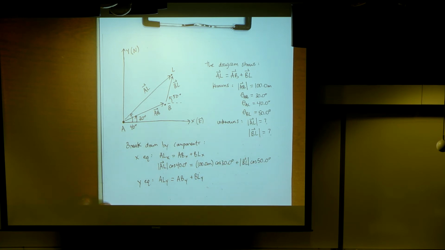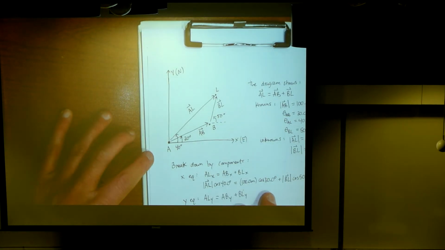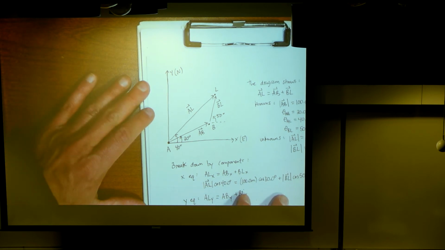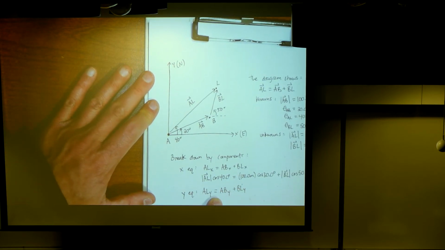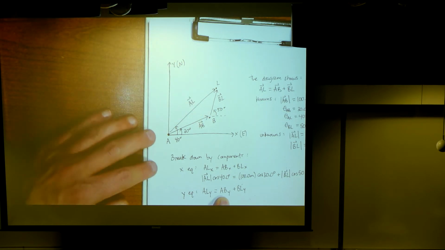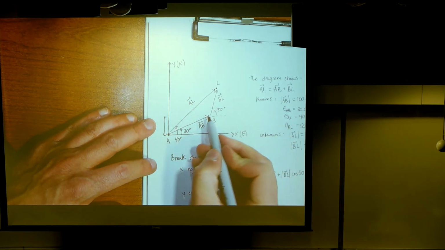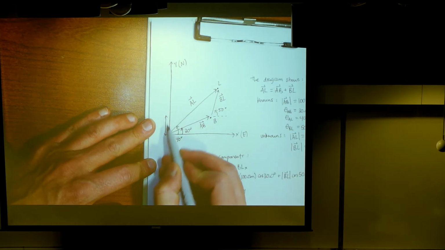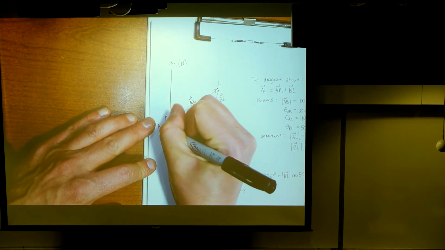All right? And you know what? Let me just show you on the diagram to go into some more detail about what this is saying, okay? If I take AB and I take its y component, that's how this AB vector projects onto the y-axis. So you see how this distance right here is ABY?